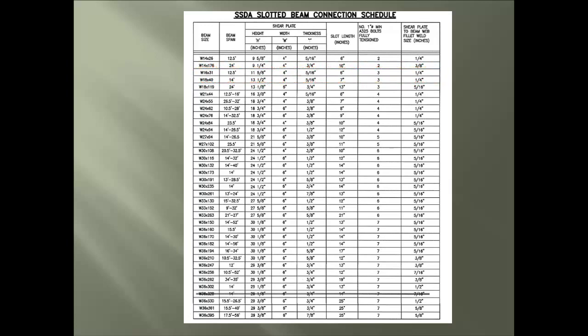Information in the columns running vertically are beam size, beam span, shear plate height, width, and thickness, slot length, amount of A325 bolts required, fillet weld size at shear clip and beam web connection.